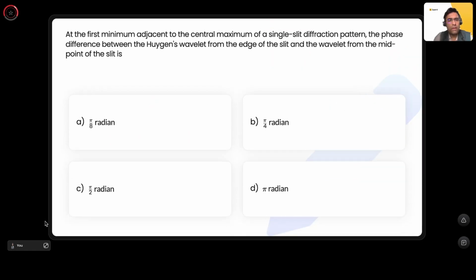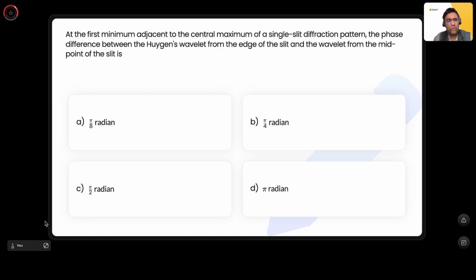At the first minimum adjacent to the central maximum of a single slit pattern, the phase difference between Huygens wavelet from the edge of the slit and the wavelet from midpoint of the slit is. So basically it is pi. All right.